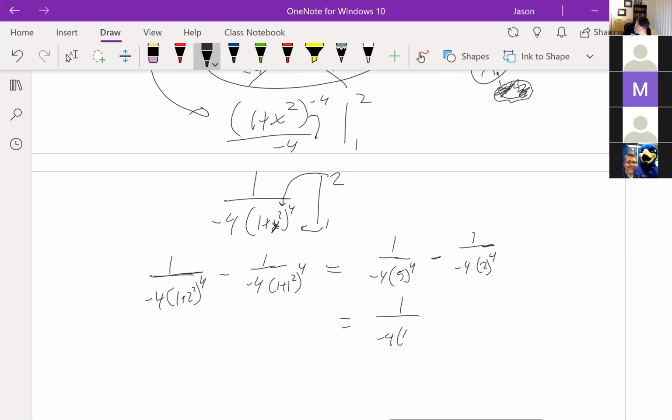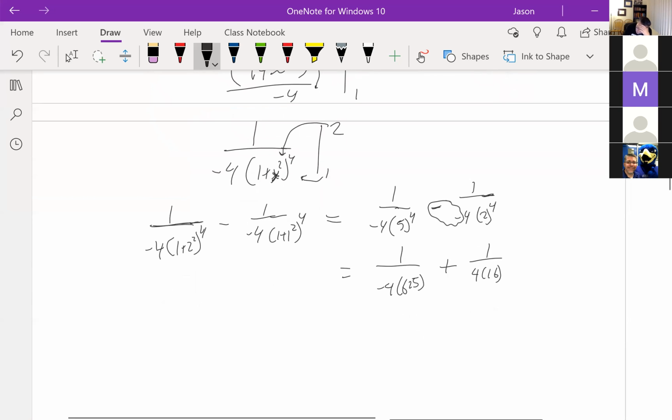This is -4 times 625. I've got 2 minuses, and that's going to make a plus. And this is 4 times 16. So this is 1 over -2500, I think.